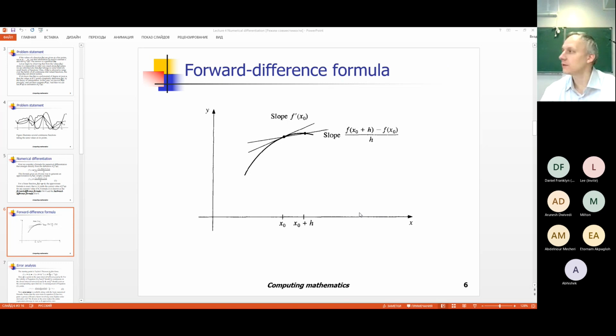Well, what is the real value of the derivative at the point x0 equals 1?